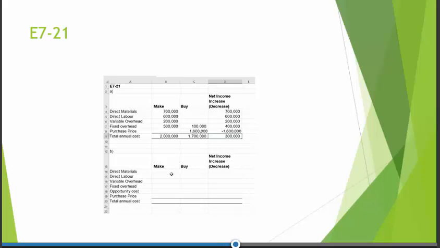The second assumption says assume none of the fixed overhead is avoidable. However, if the robots are purchased from Chen, SY Telc can use the released productive resources to generate additional income of $200,000. So again, to make, we're going to include all the costs: direct materials, direct labor, fixed overhead, and variable overhead.